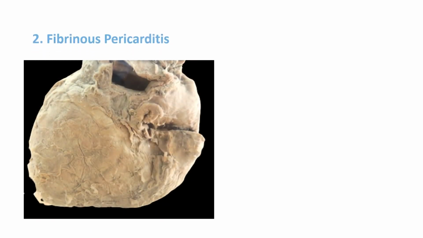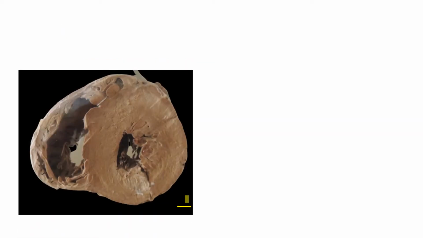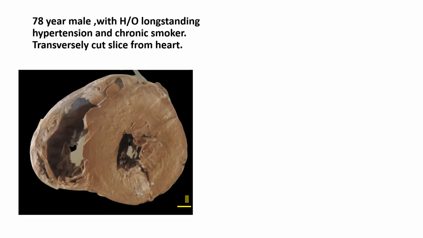This is another case of fibrinous pericarditis. Now this is the specimen from a 78-year-old male with history of long-standing hypertension, who was a chronic smoker, and the slice is from the heart transversely cut.